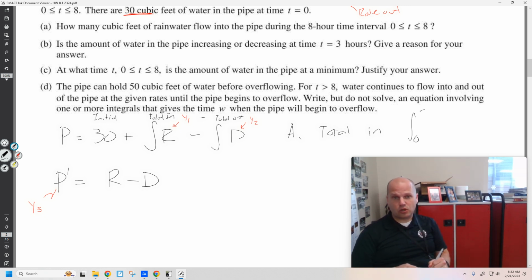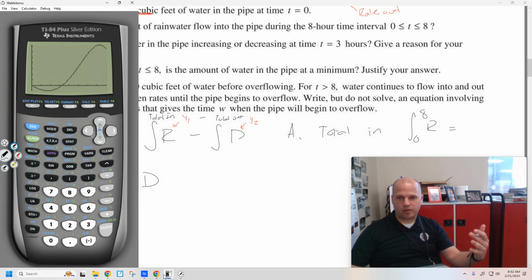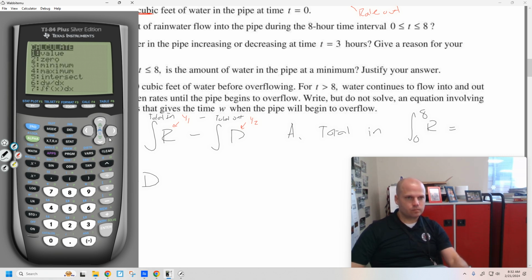We just need to accumulate our rate in. Now, watch how I can do this in my calculator really quickly. I already know that y1 is the rate in. I can math 9, accumulate from 0 to 8, my rate in. Wrong button. Alpha F4. Or vars y vars. I keep doing it.